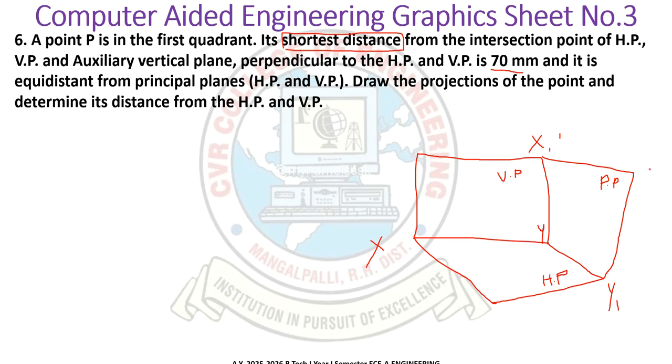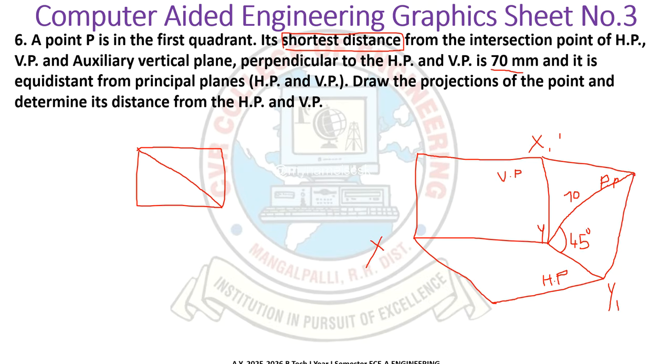For a rectangle or square, the shortest distance is between the diagonals. So from here to here I draw a 70 mm distance, and automatically this angle comes as 45 degrees.